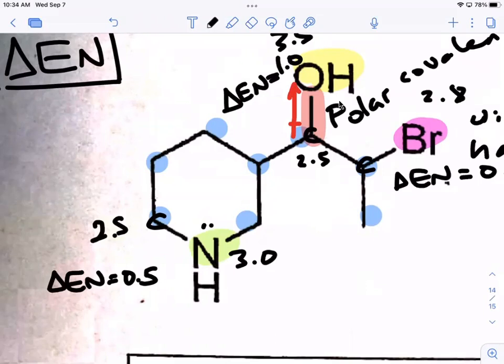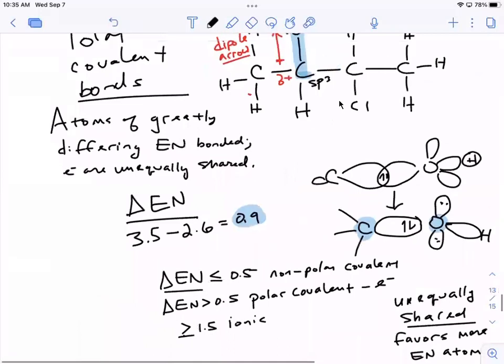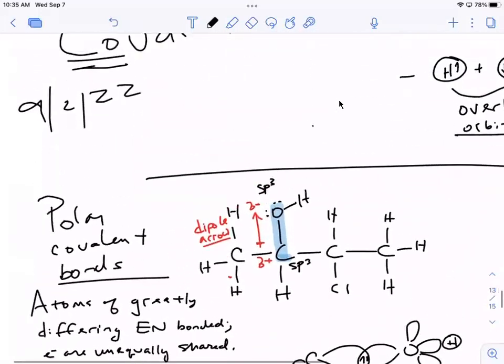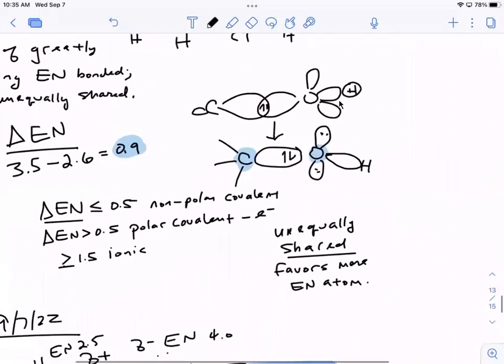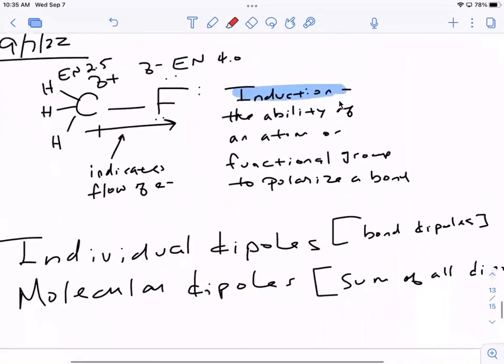I don't think it can. It's got to be one or the other. So if we go back to our scale, less than or equal to 0.5 is non-polar, greater than 0.5 is polar, and greater than or equal to 1.5 is ionic.